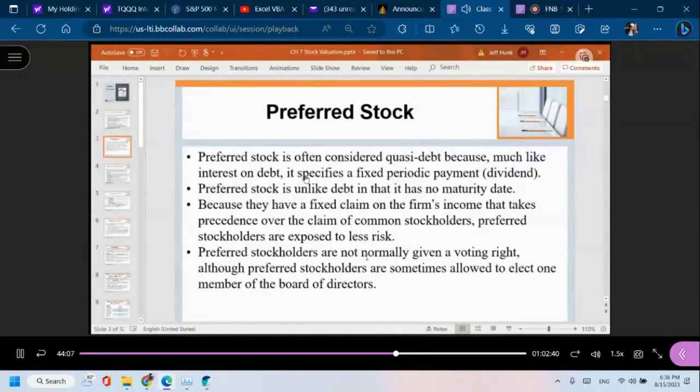And it's less risky than common stock. Why? Because common stock cannot be paid any dividend before dividends are paid to the preferred shareholders. As I said, if the company didn't make any profit or even made a loss, there's no way to pay out dividends, and that includes preferred stock, because the source of dividend payment is the profit.